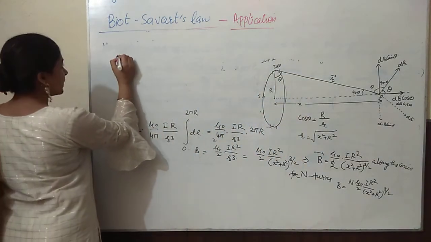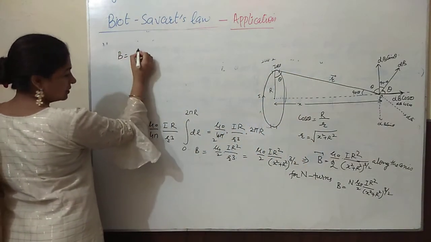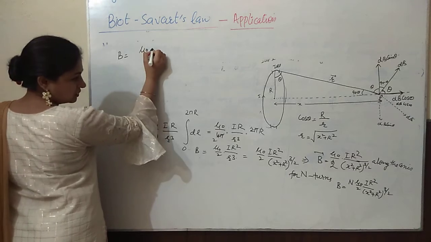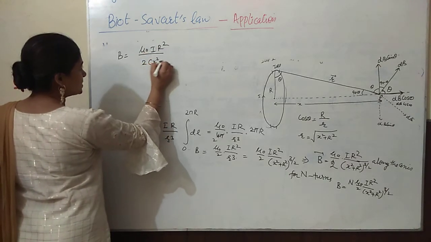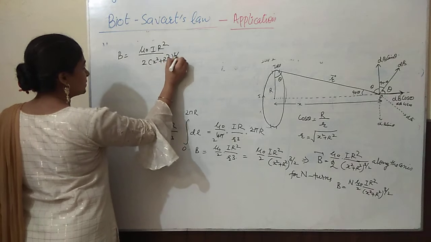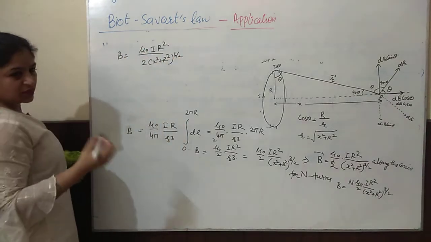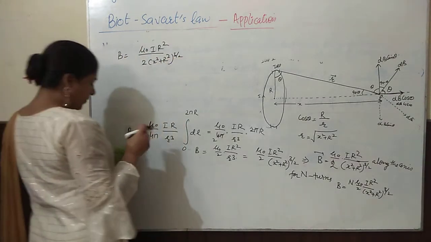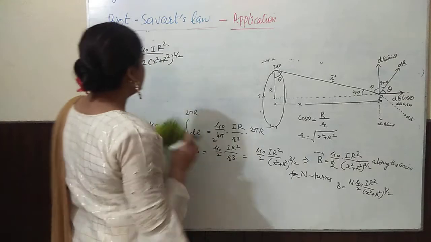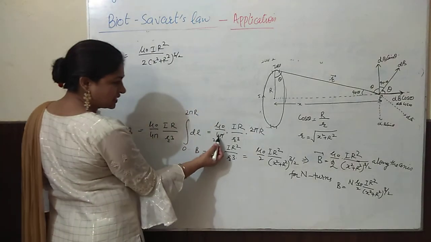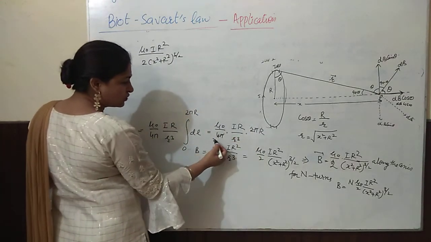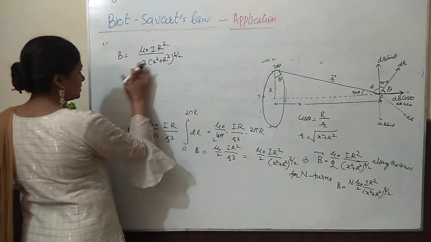B is mu naught I r square over 2 (x square plus r square) raised to power 3 by 2. In terms of mu naught over 4 pi, the constant of proportionality, we are going to write it. I am not going to cancel the 2; I am writing the same expression here again.